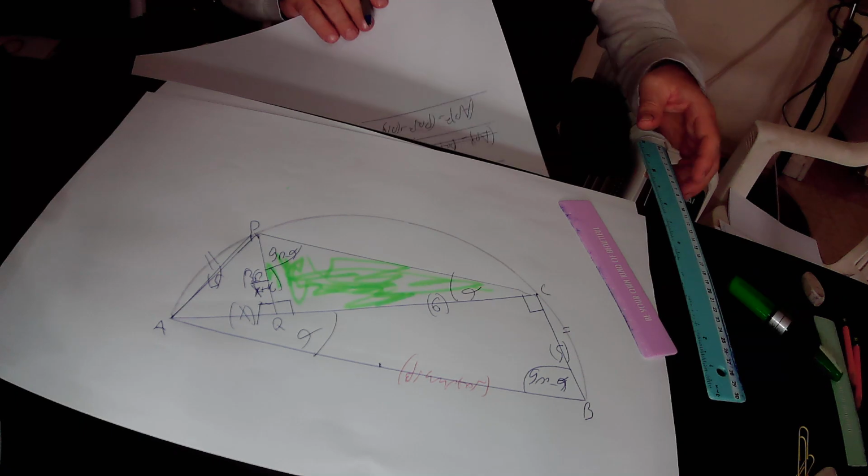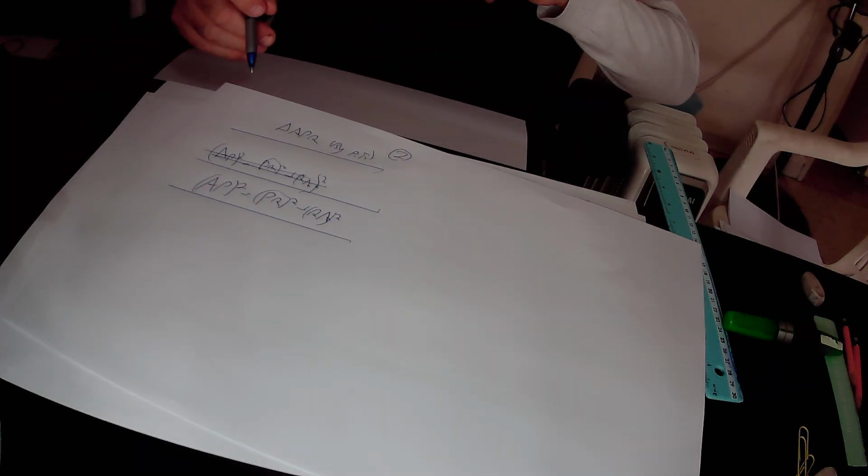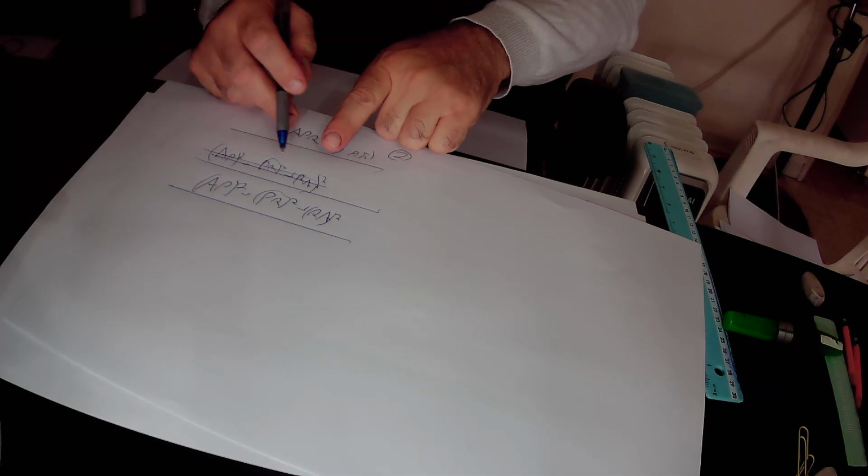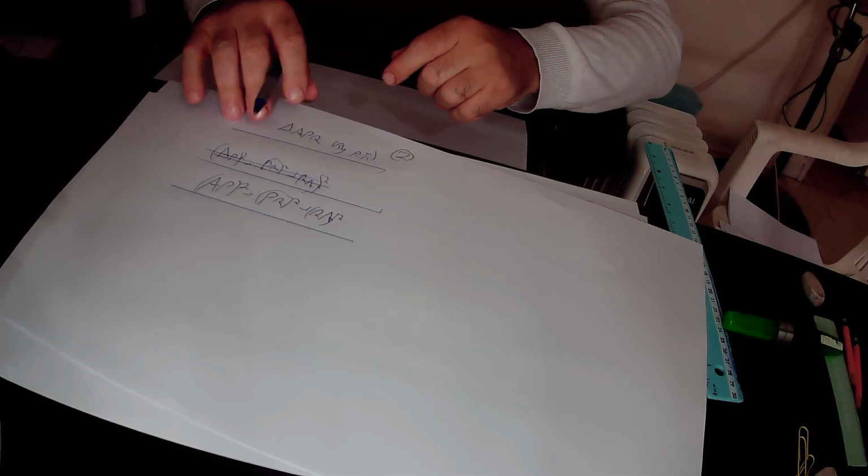Repeat again, in the right triangle APQ, according to the Pythagorean theorem, we find that AP squared, that is the square of the hypotenuse, equals PQ squared plus AQ squared.